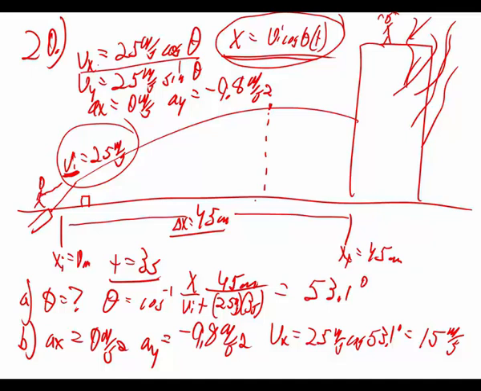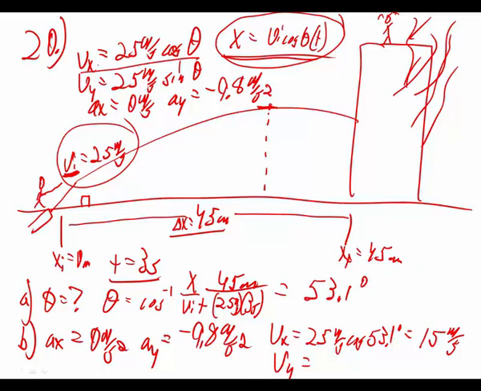What is it going to be in the y direction at its highest point? Y direction. All right, if I draw my x and y axis, at this point, is it going up anymore?